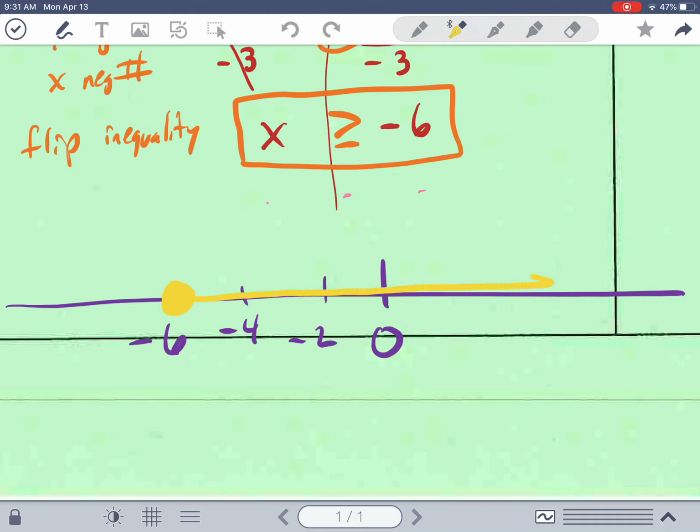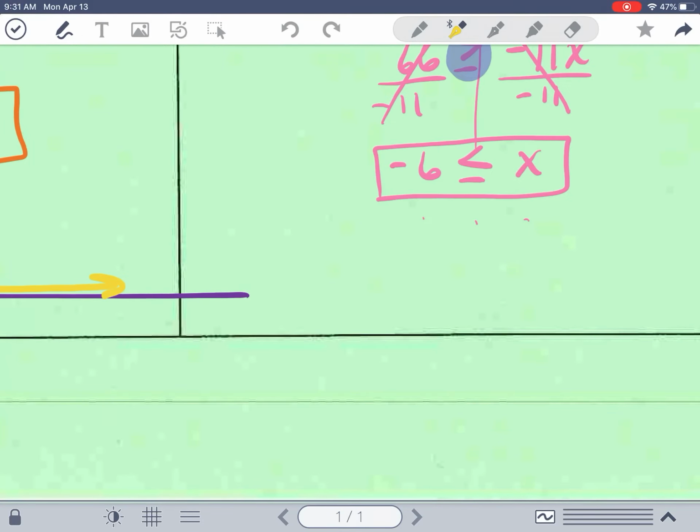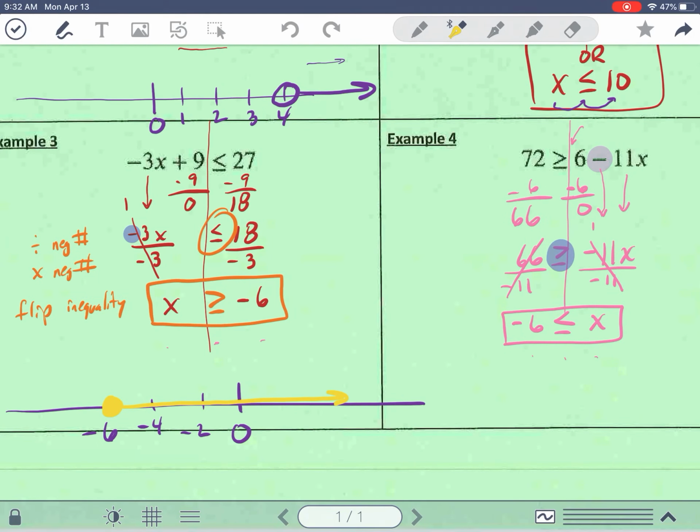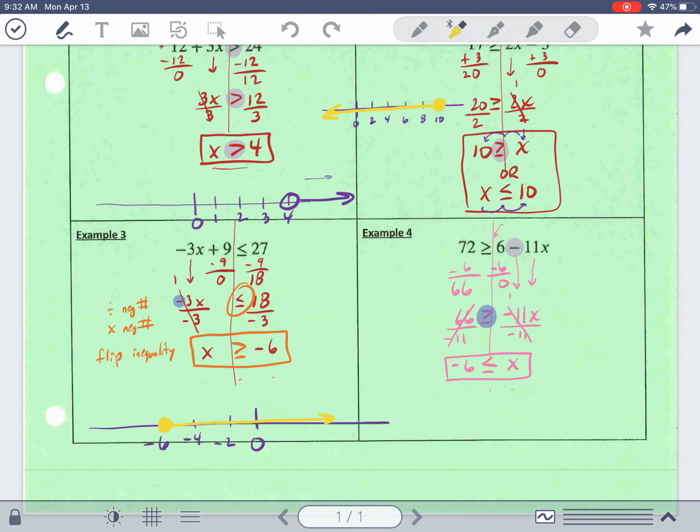That's why I recommend that you always speak using the variable, because even if it's written another way, it still is X is greater than or equal to -6. Those are three examples for graphing.